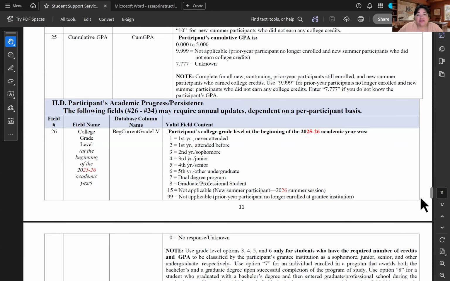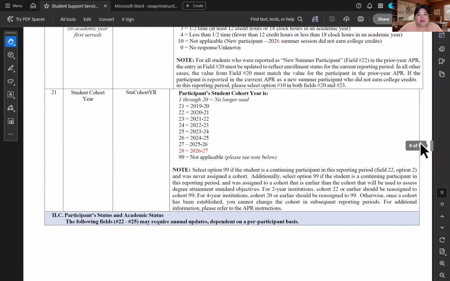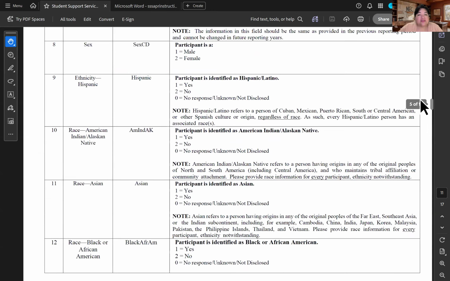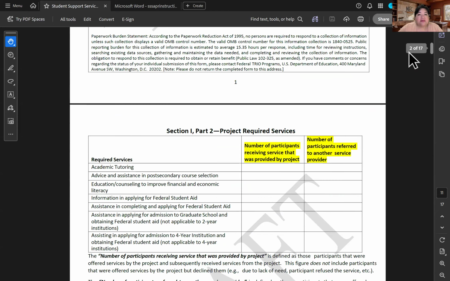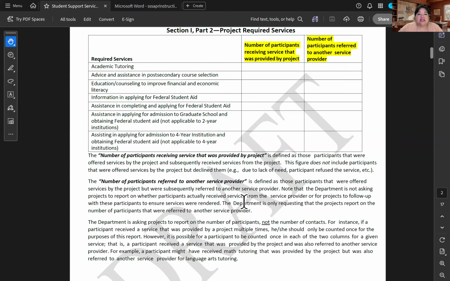We'll go up here to Section 1, Part 2 of the APR, where they want to know a listing of students that have received the required services. So maybe a student comes in and I say, look, I just need career information. I've got it going on, but I'm confused about that. Notice that career information, career assistance, advising with career issues here is not listed as a required service, but it is a permissible service.